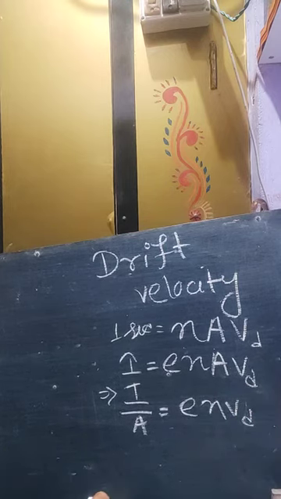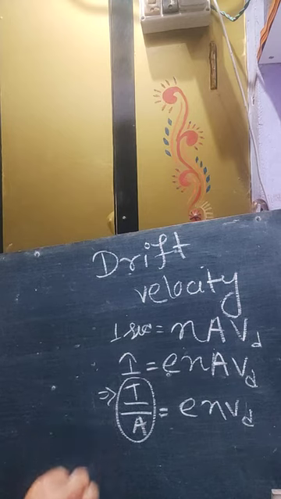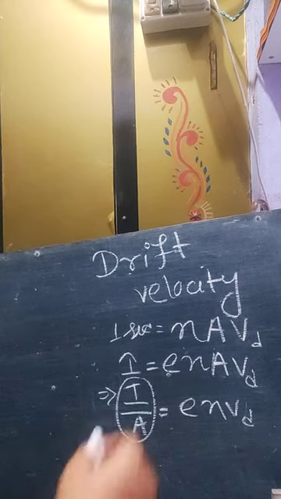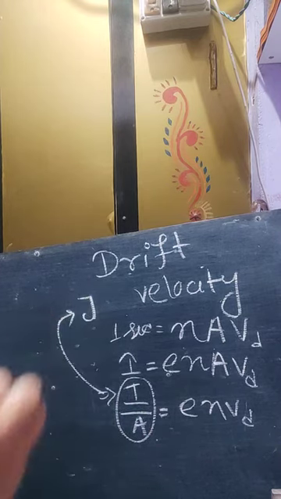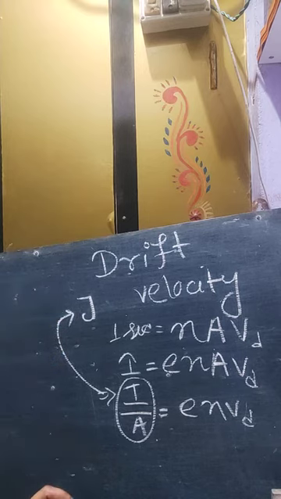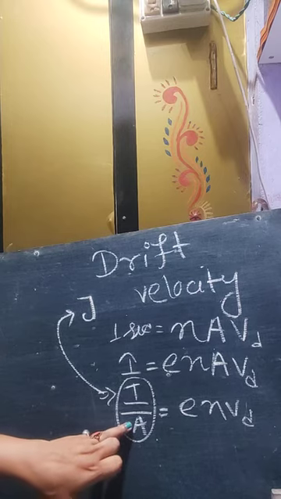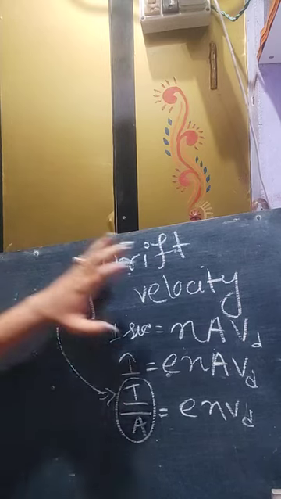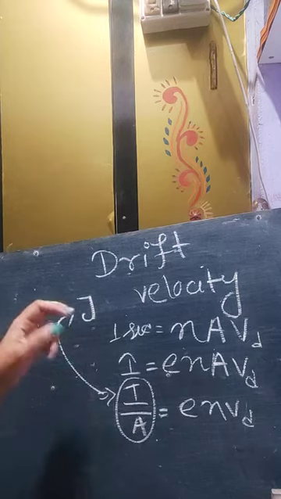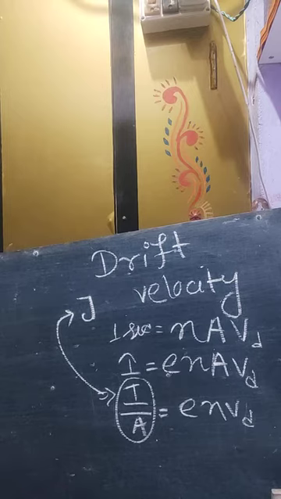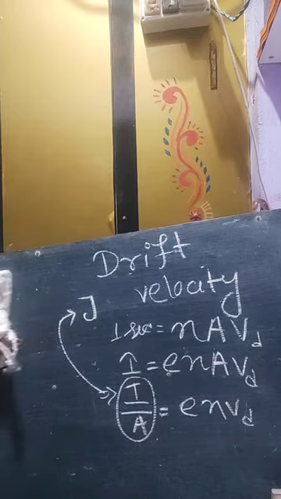This I by A is known as the current density, denoted as J. So you can say that the current moving through a conductor per unit area is known as the current density.